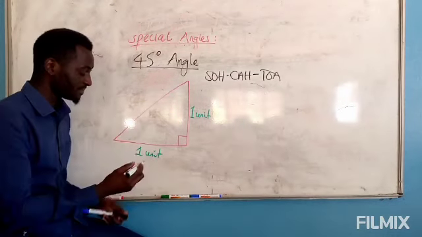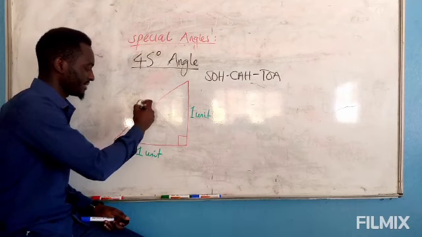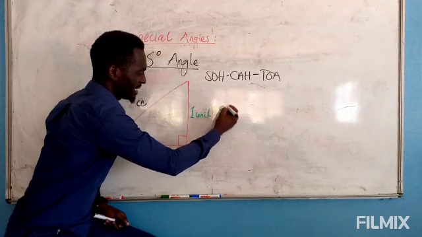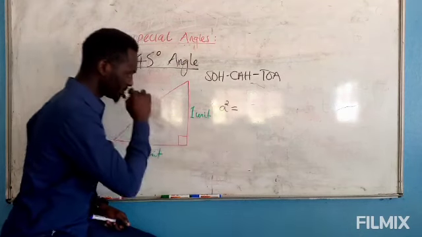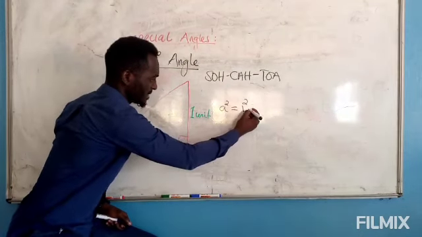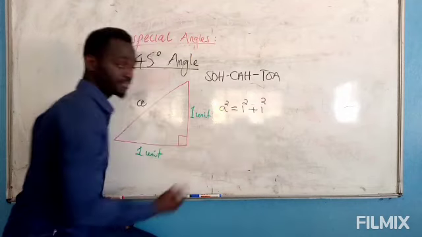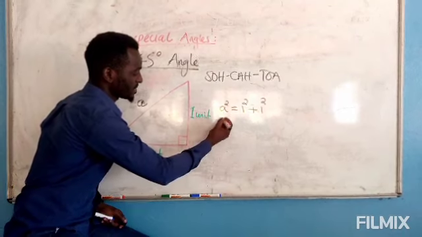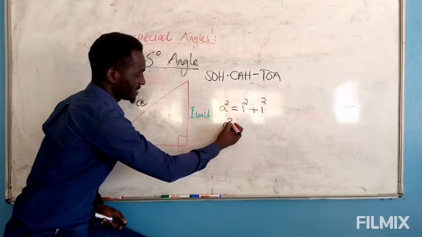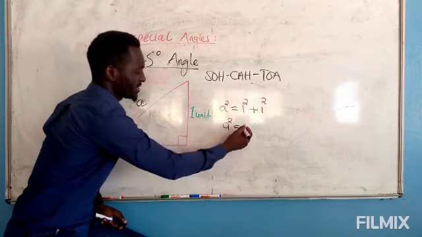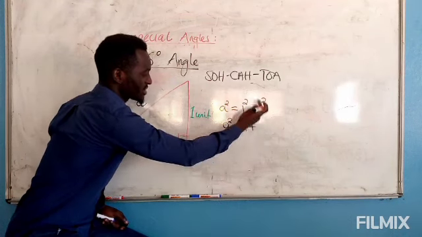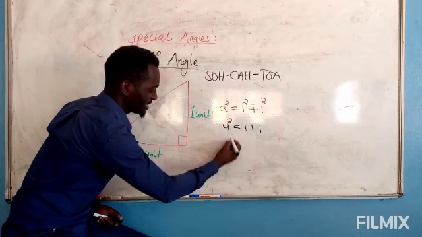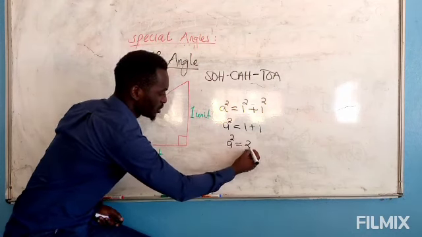Now let me call this side A. So we're going to say A squared is equal to 1 squared plus 1 squared. A squared is equal to 1 plus 1, hence A squared is equal to 2.